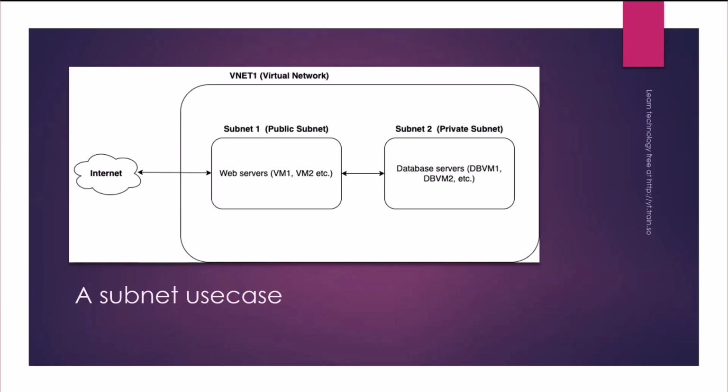Those VMs or servers which have to be accessed from the internet can be put into one subnet, and we can define rules to allow internet access. Other servers or VMs, such as the database servers, we can put into another subnet, and we can configure permissions so that this subnet can be accessed only from other subnets within the same virtual network. That means from the internet, you won't be able to access them directly.